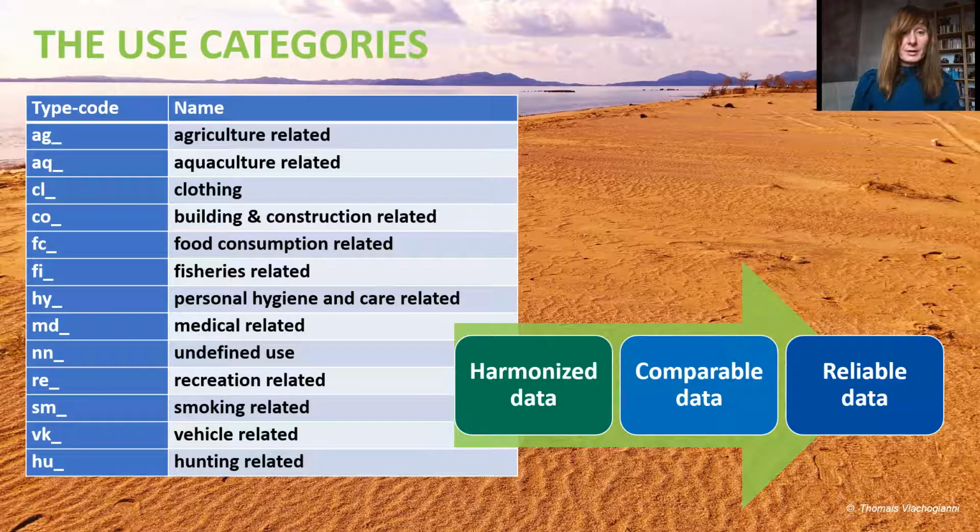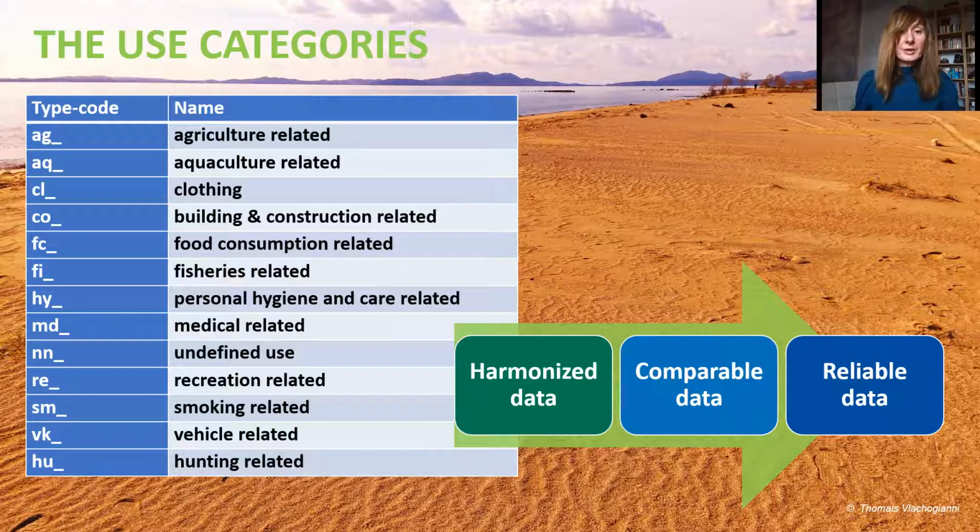When it comes to the use categories, 13 use categories have been introduced. These include agriculture-related, aquaculture-related, clothing, building and construction-related, food consumption-related, fisheries-related, personal hygiene and care-related, medical-related, recreation-related, smoking-related, vehicle-related, hunting-related, and obviously there is also a use category entitled undefined use, simply because some litter items cannot be attributed to one of these uses because they are used in different ways.